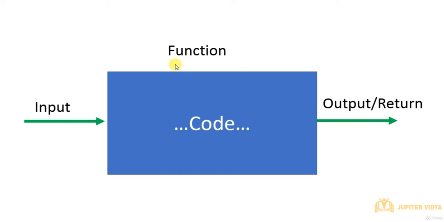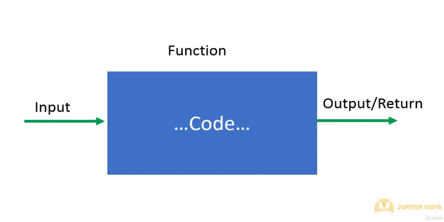Let's take one more example. Suppose you want to withdraw some money from the ATM. You go to the ATM, and the input is the amount you want to withdraw, let's say 1000. The ATM will process your request and check whether that balance is available and your input is correct.